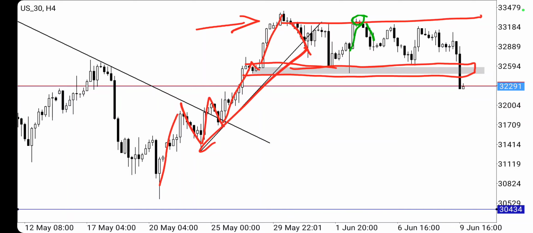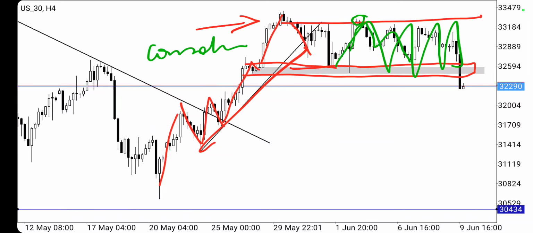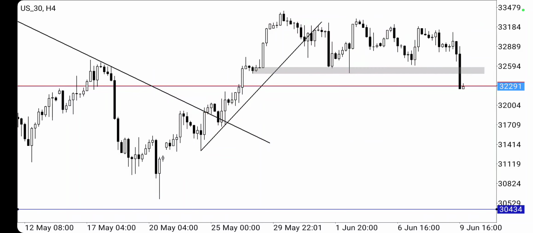Price went to it, it bounced, and then we were just moving in between these two. H4 was in consolidation for a while, but remember, the more a level is hit, the weaker it gets, and both of them were being hit. But if you compare, you can see that they moved to the upside, they were not really reaching that.